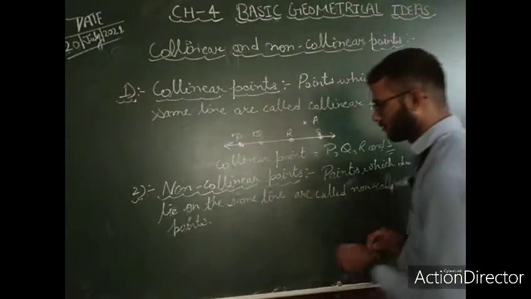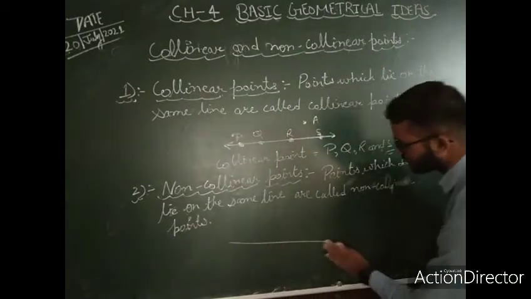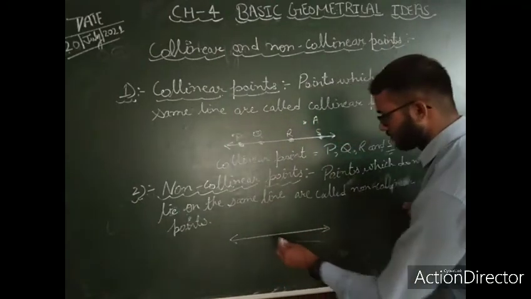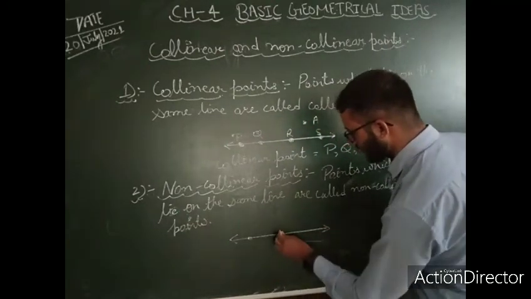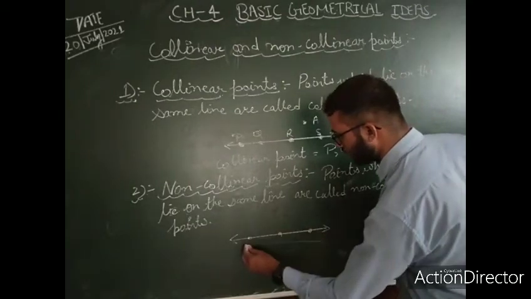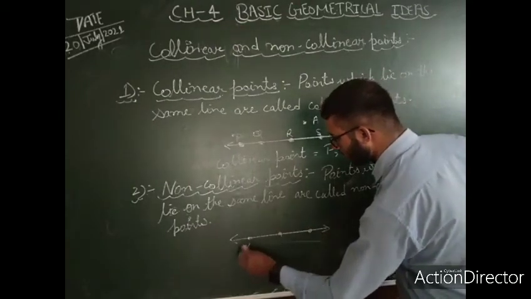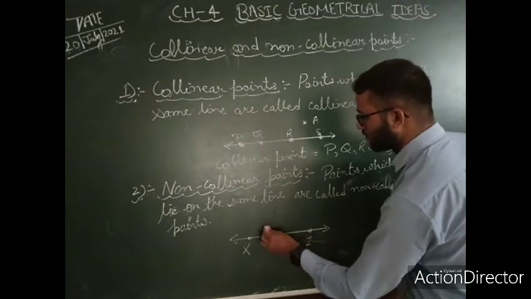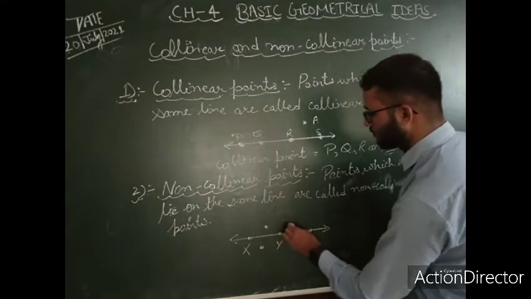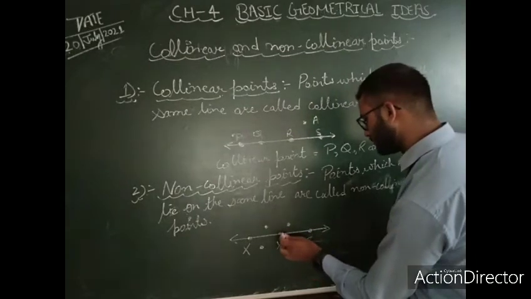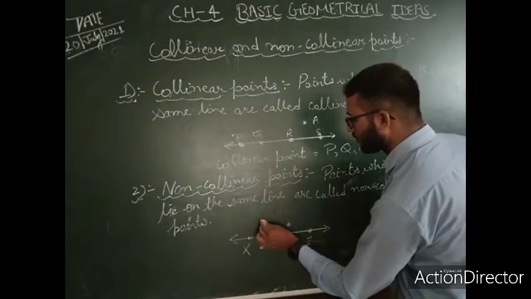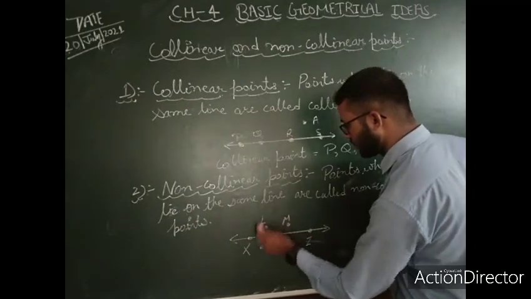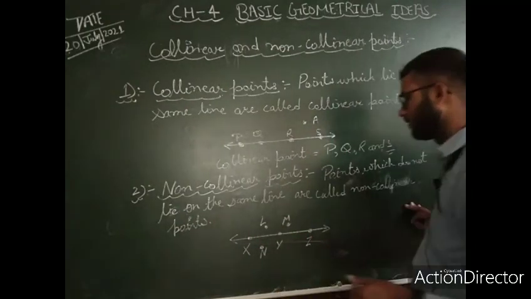Right? Now we take one example here. So here first we draw a line, and here we mark some points on this line like X, Y and Z. Now some points outside of this line, L, M, N. Right?